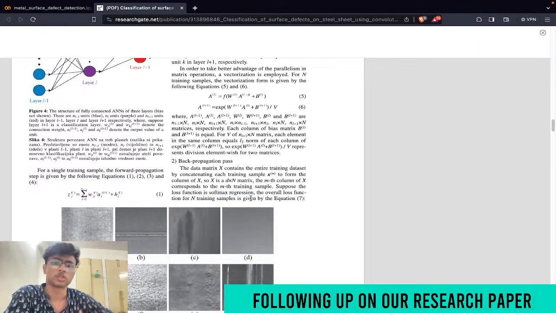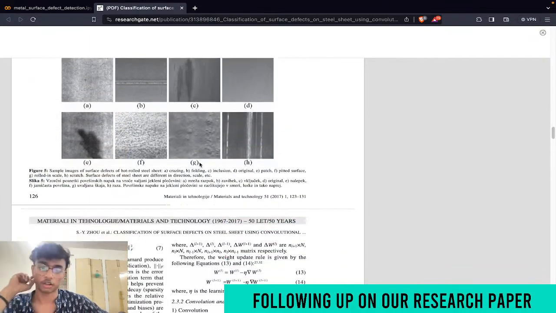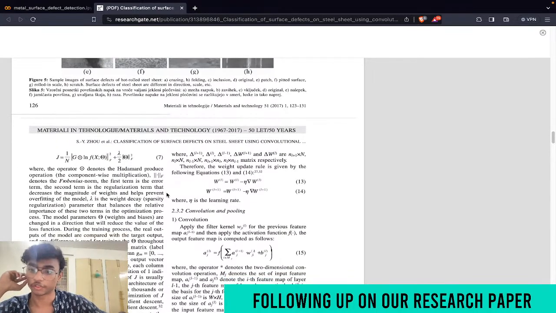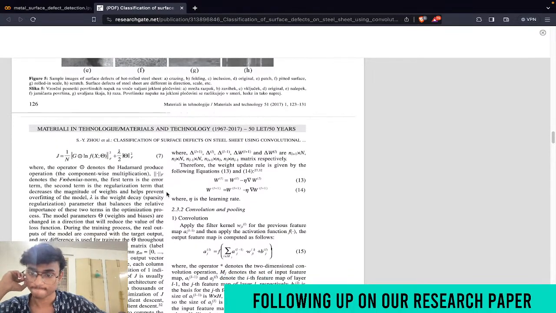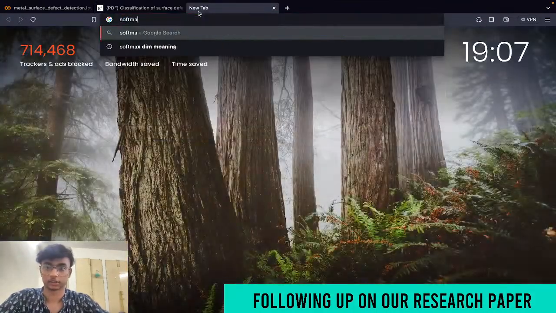This softmax loss function is softmax regression, the overall loss function. Softmax regression. Now I'm pretty sure it is another name for... okay, what is softmax regression?